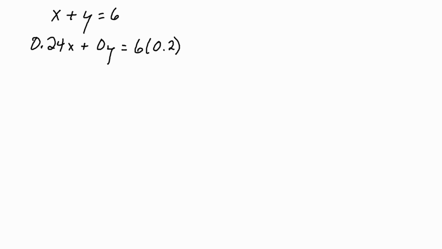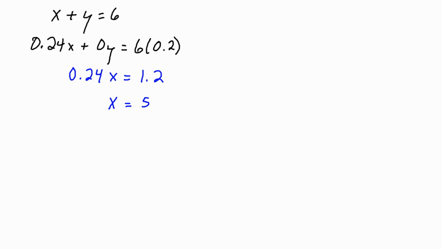Now that we have our two equations, we can use substitution or elimination to solve. With our second equation, because we have 0% alcohol in water, 0 times y is just 0. My equation simplifies to 0.24x equals 1.2. I can easily solve this for x by dividing both sides by 0.24. x equals 5.